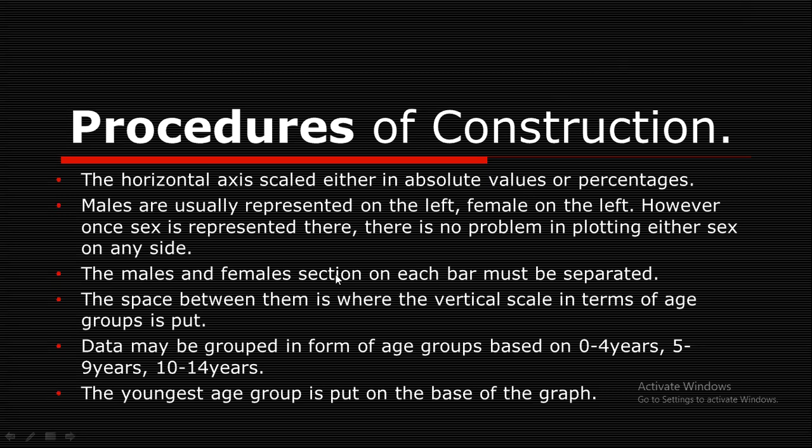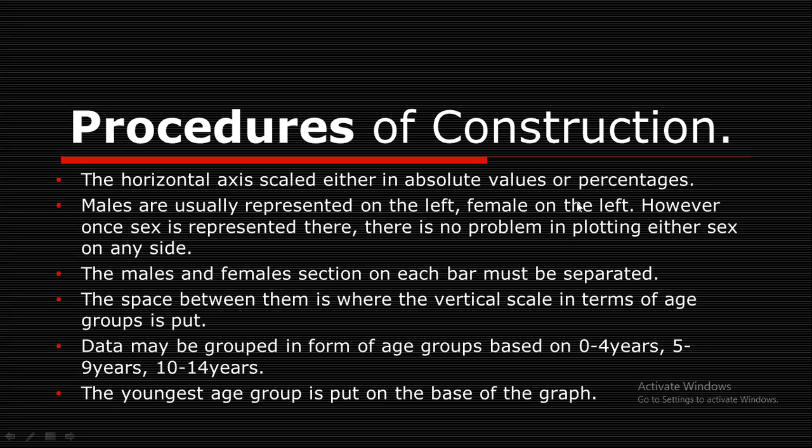So I was trying to explain the procedures. The horizontal axis should be scaled. What we refer to as scaling is you number it according to the units, from 0 to 1 to 2 to 3. The males are usually represented on the left and the females on the right.